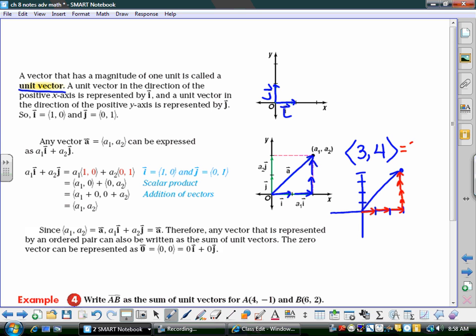So you could rewrite it as 3i plus 4j. It's just another way of writing it. So this is, probably call it vector form, or as an ordered pair. And this is as the sum of unit vectors.